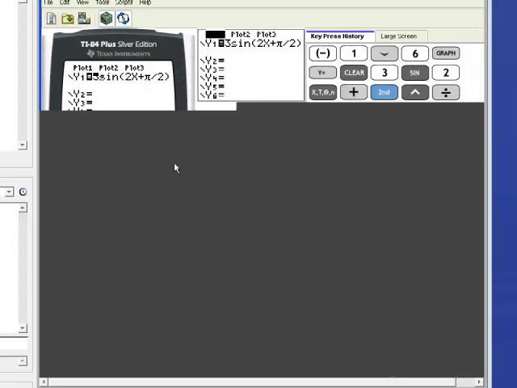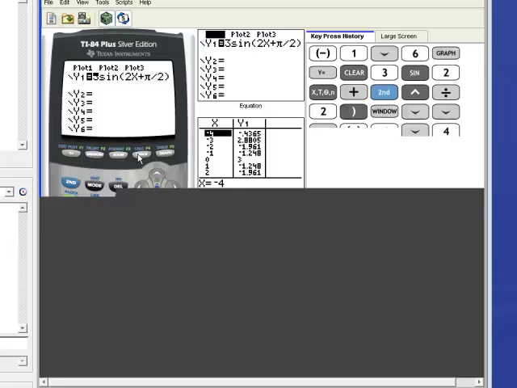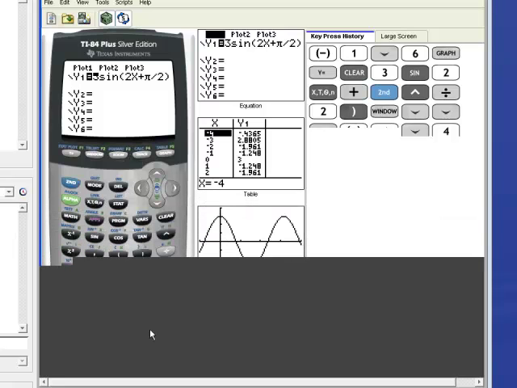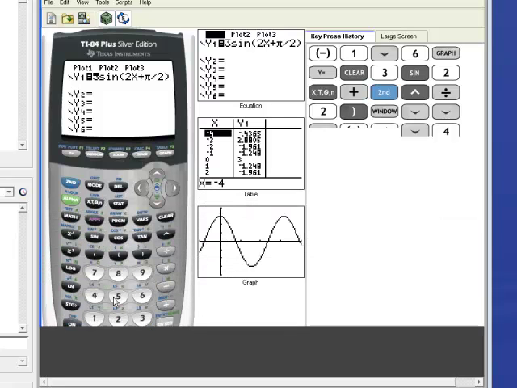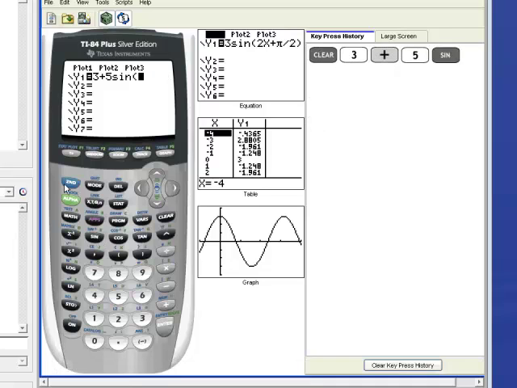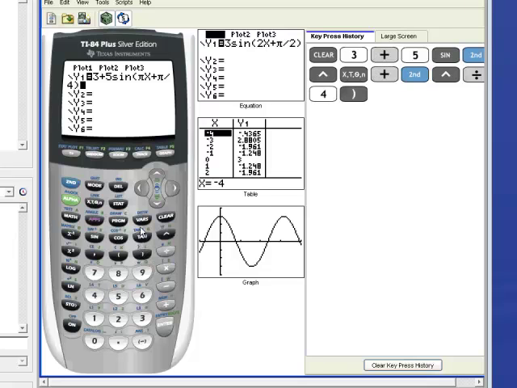Okay, y equals. So here we have 3 plus 5 sine of pi x plus pi over 4, which gives us a phase shift of -0.25.